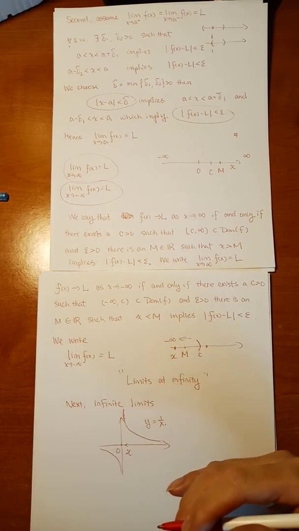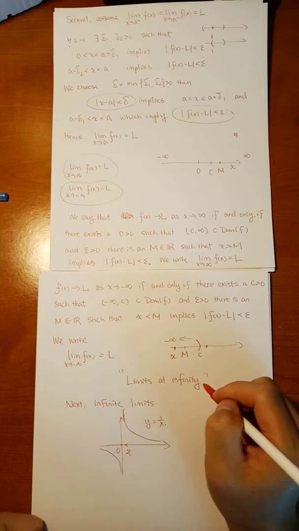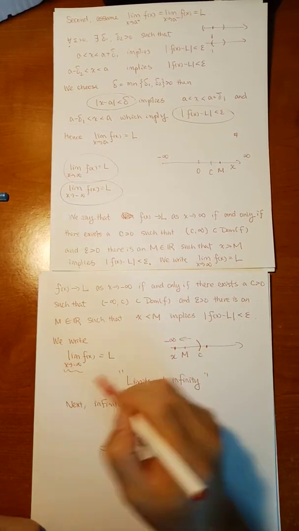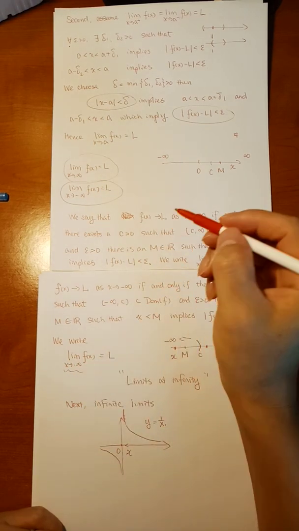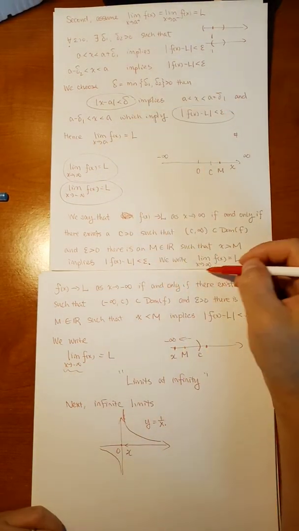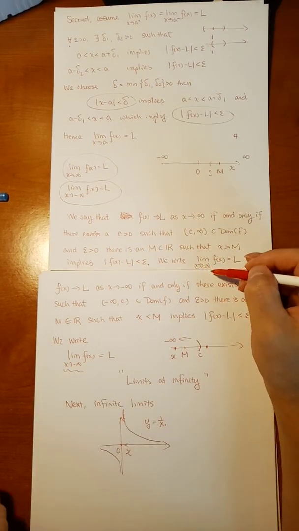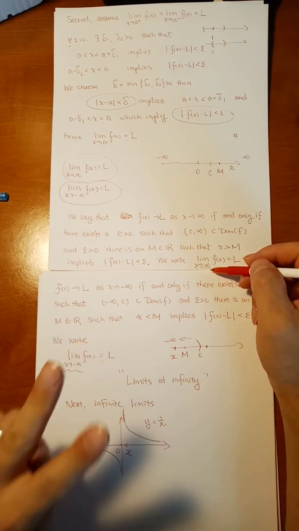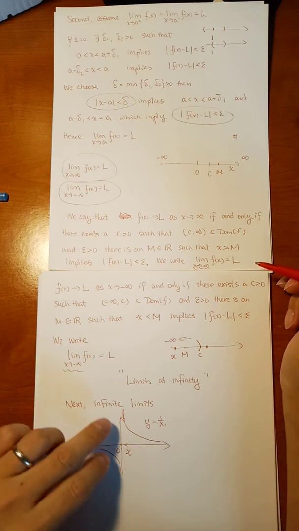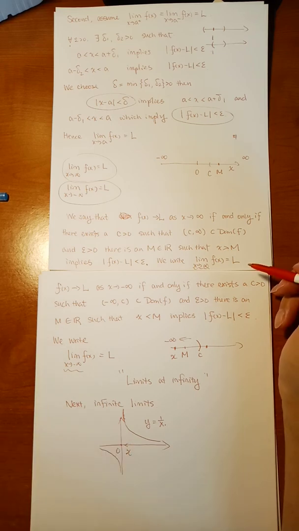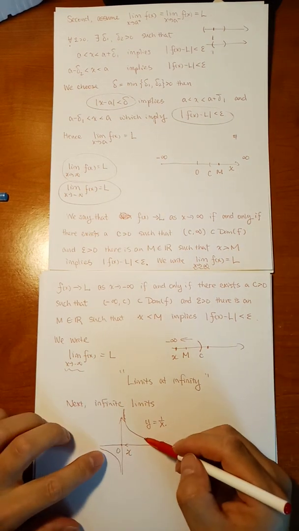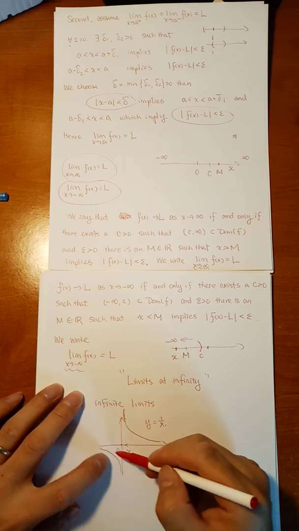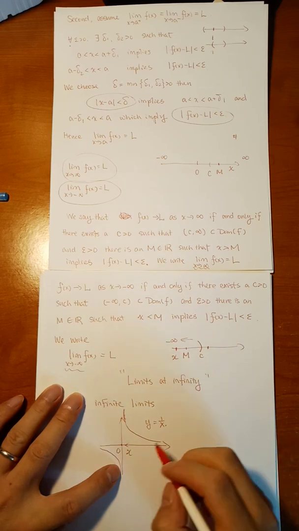Okay, infinite limit. For limits at infinity, there are only two types: the limit at positive infinity and the limit at negative infinity. But for infinite limits, there are 4 types. Here, the right limit is positive infinity and the left limit is negative infinity, so 2 types.